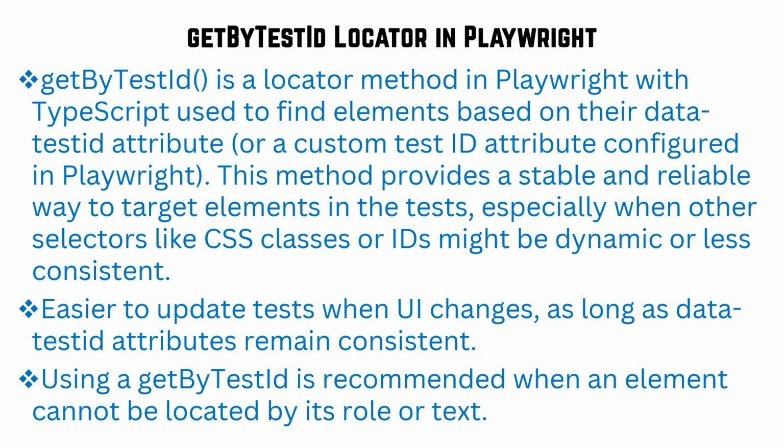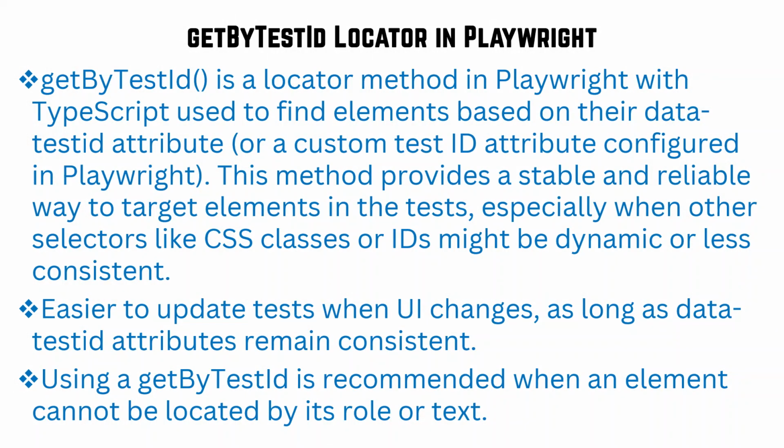This method provides a stable and reliable way to target elements in the test, especially when other selectors like CSS classes or ID might be dynamic or less consistent in nature. It is much easier to update tests when the UI changes as long as the data-testid attribute remains constant. Using getByTestId is recommended when an element cannot be located by its role or text.